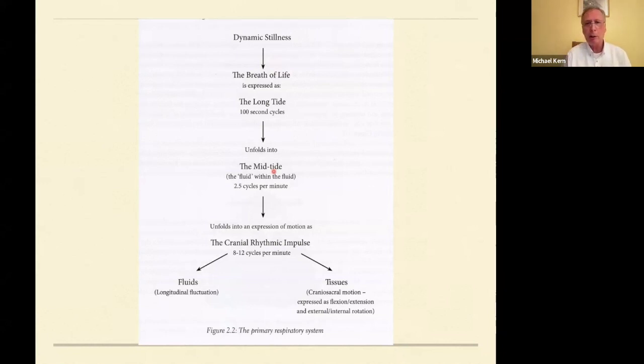And I'm going to start this little description by talking about what might be at the very core of these rhythms, what might be underneath these rhythms, from our deepest places to our more superficial or peripheral places.